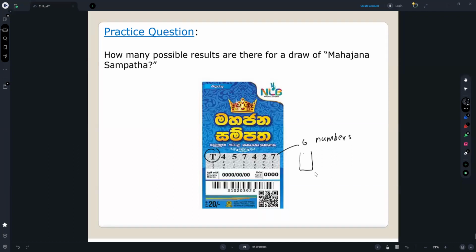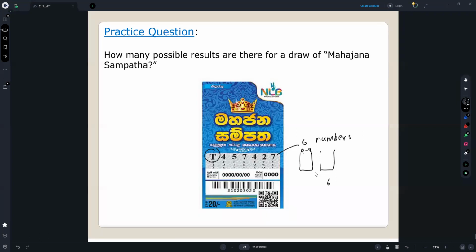There will be ping pong balls containing 0 to 9. And the next container also, likewise, you'll have 6 containers. Each time you pick one randomly from these containers, right? So can you find out how many possible results are there for a draw of Mahajana Sampata? How many different results can there be, right?